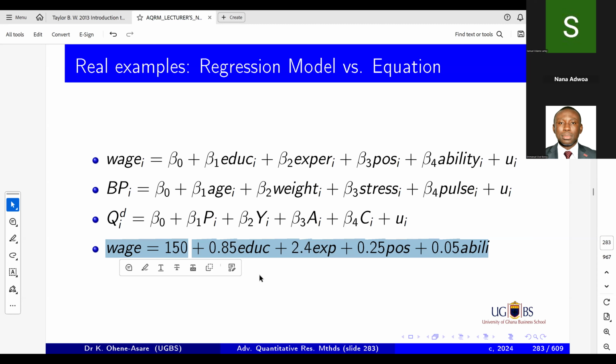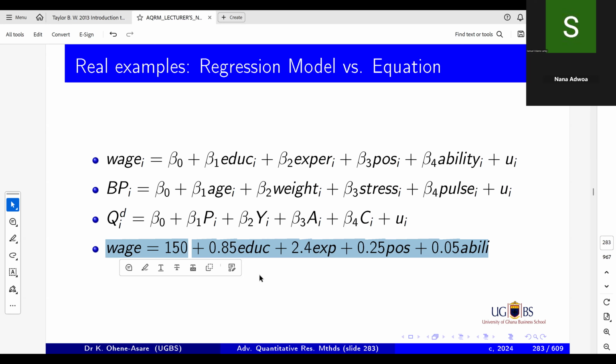Who can tell me the second difference between the estimated regression equation and the specified regression model? Nanaja. Doc, so the beta values have been specified in the second case here. And then what do you mean specific? The word specified means that you have everything here in the document specified.